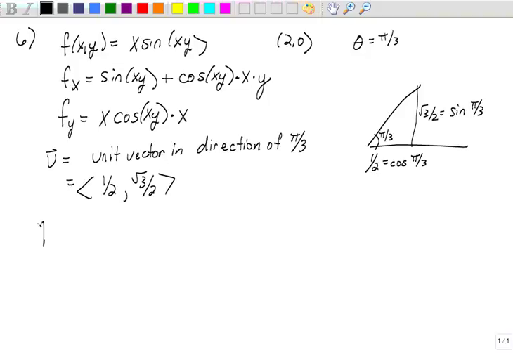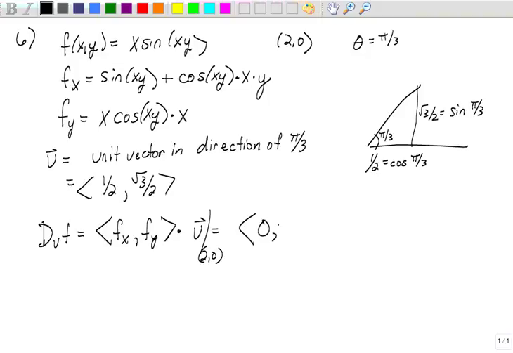Okay, so D_u f is this. And at the point 2, 0, f_x is sine of 0, which is 0, plus anything times 0 is 0, so this is going to be 0.